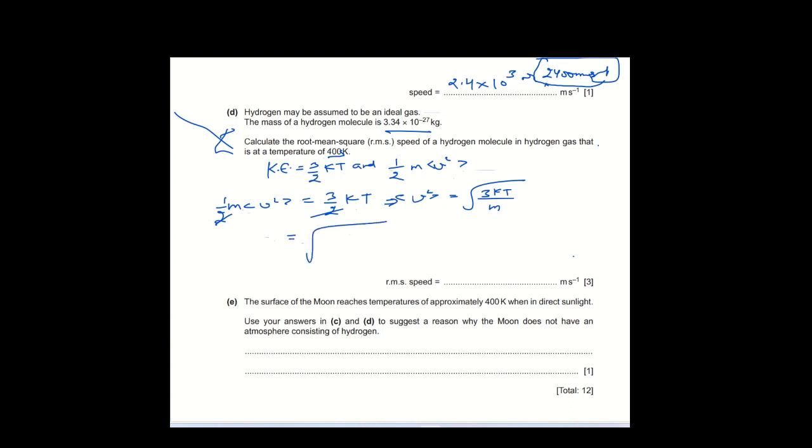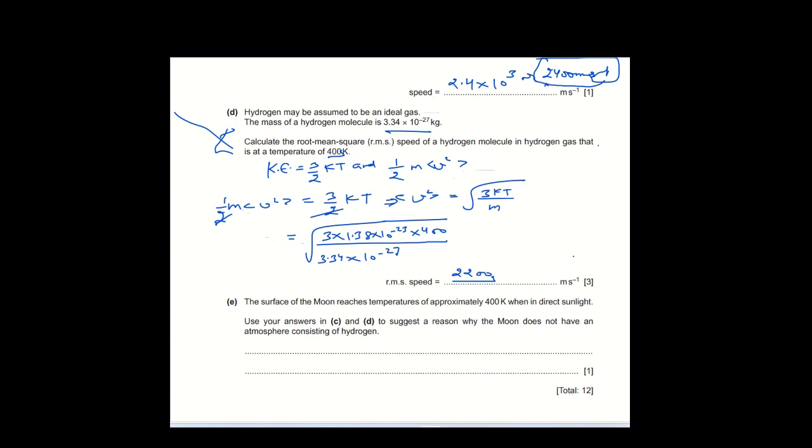On substituting, we get 3 into 1.38 into 10 raised to power minus 23 into 400, divided by mass m, that is 3.34 into 10 raised to power minus 27. We will get the RMS speed as 2200 meter per second.